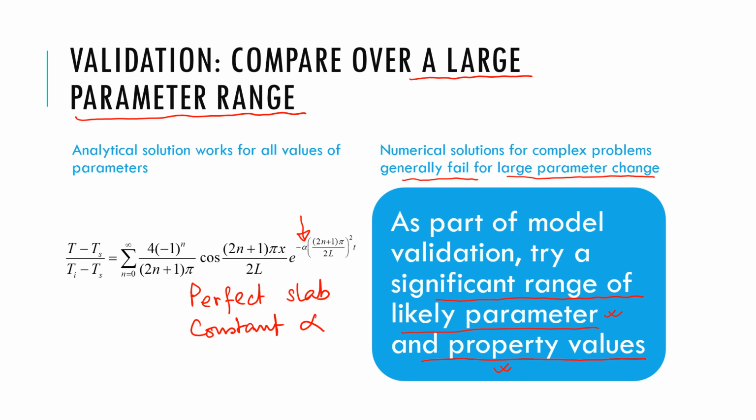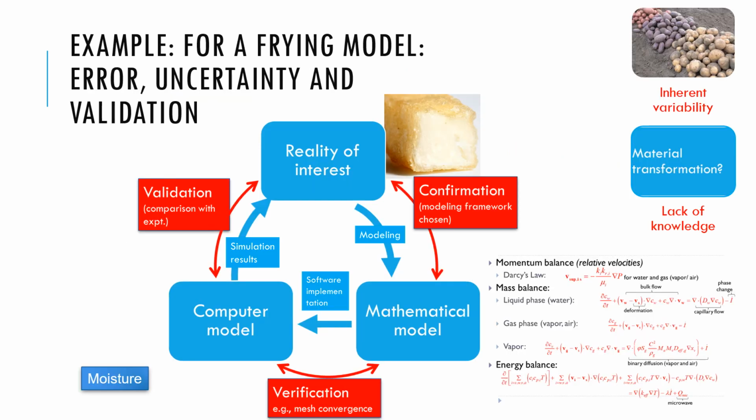However, this does not mean we have to make the model work over any parameter value. This is often impossible. Let's go over these concepts of error, uncertainty, and validation with an example in mind.